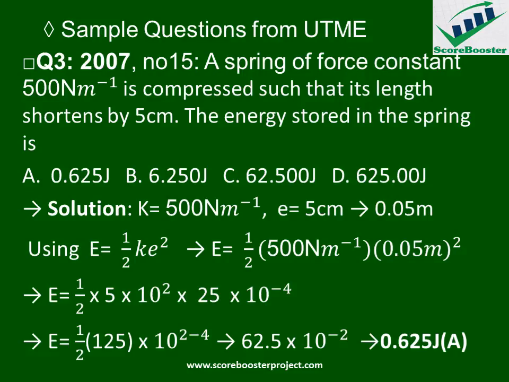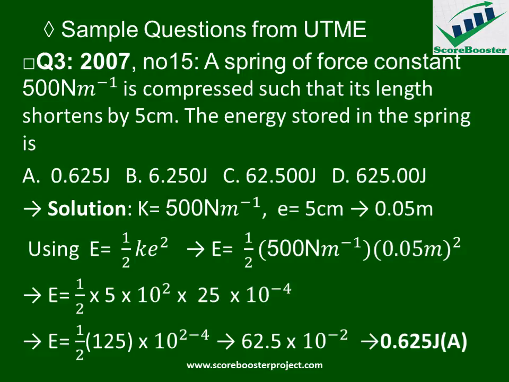We are to record that the energy E equals half k e square, and if we substitute for this, our E will give us half into k, which is 500 Newton per meter, then into e square, which is 0.05 meter square.